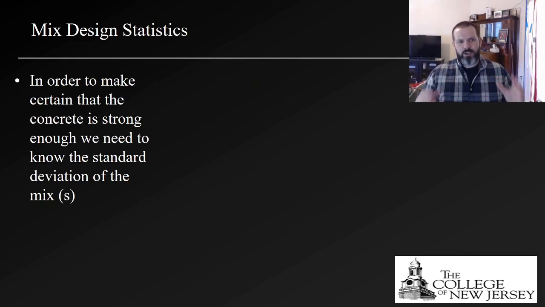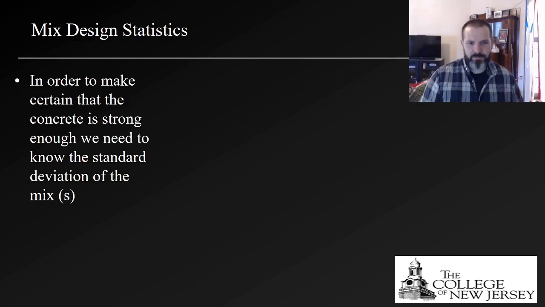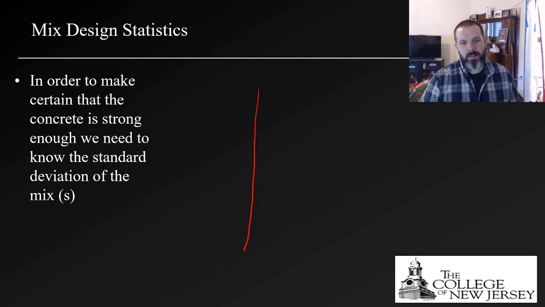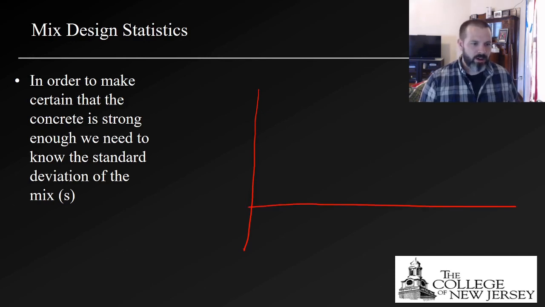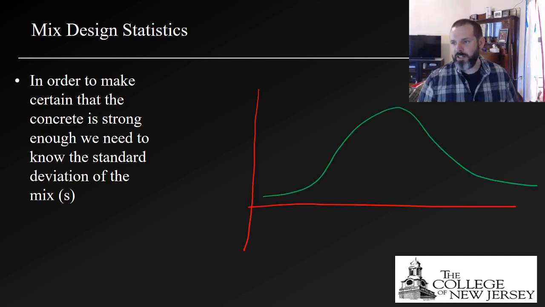Now, in order to make certain that the concrete is strong enough, we need to know the standard deviation. So I'm going to draw some statistical axes here. And on it, I'm going to draw a bell curve because the strength of concrete is a normal distribution.